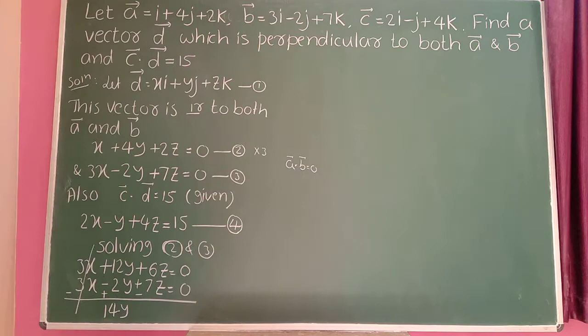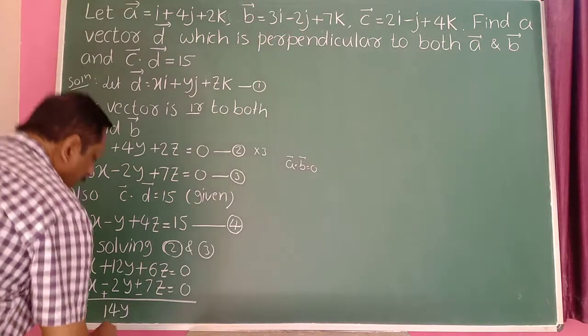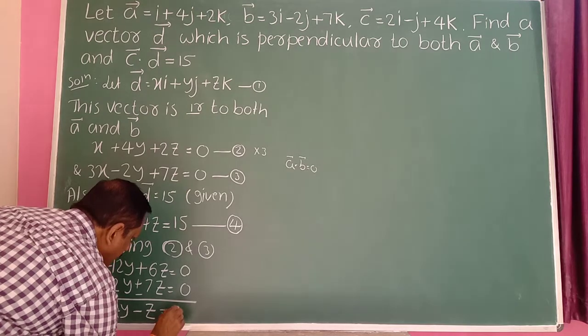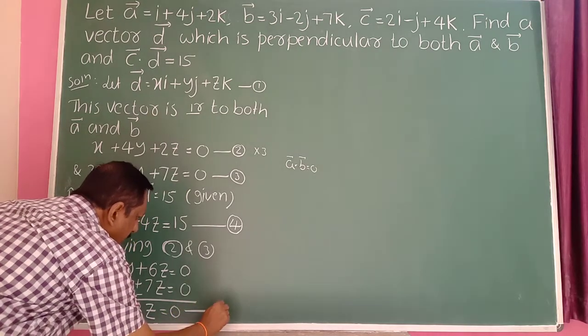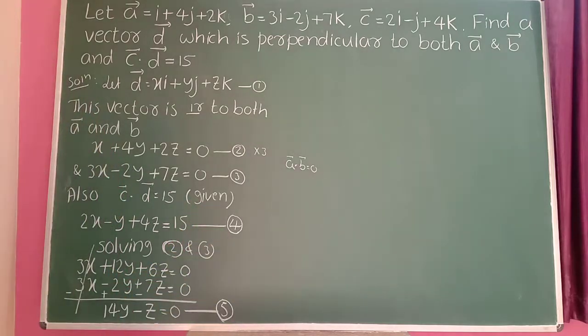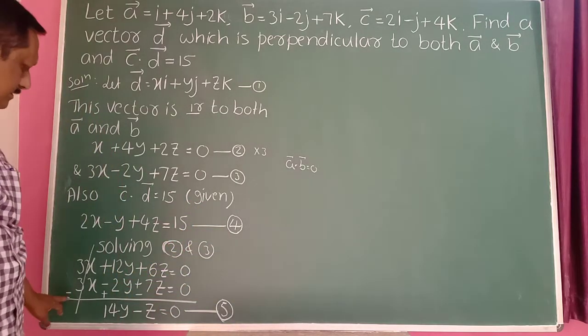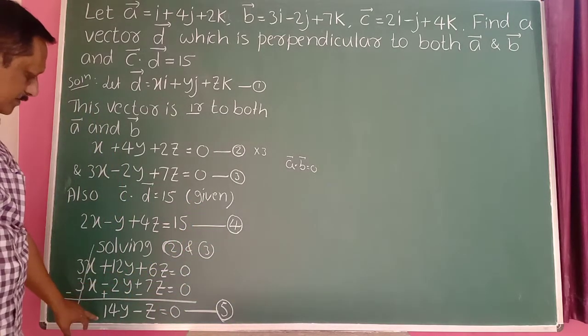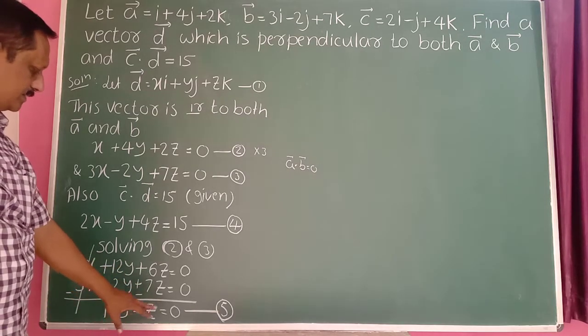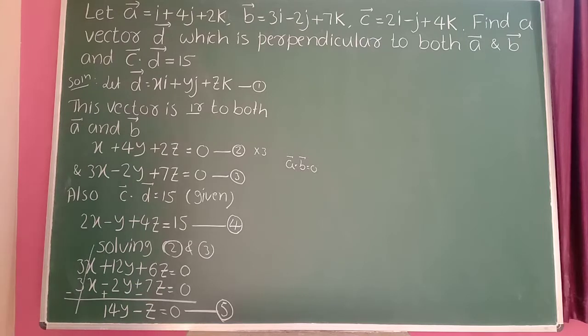Then 6 minus 7 is minus z. That is equal to 0. So take this one as equation number 5.